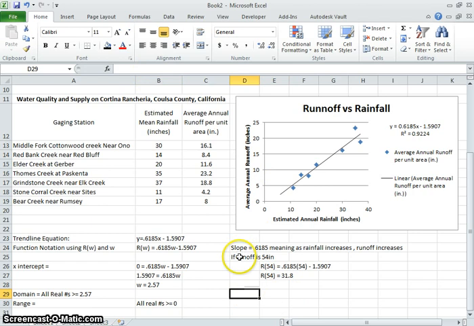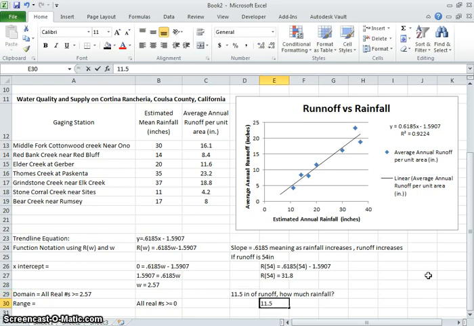It also asks if the annual runoff amount was 11.5 inches, estimate the annual rainfall that led to that much of a runoff. So if we had 11.5 inches of runoff, how much rainfall was there?